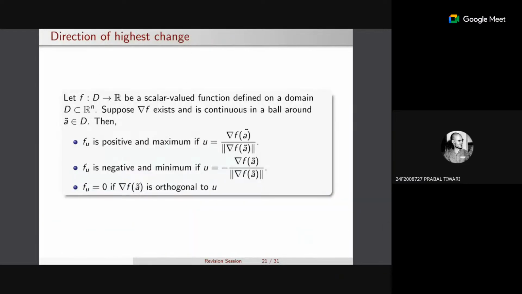So another application of the gradient is to determine the direction in which the function changes the fastest.